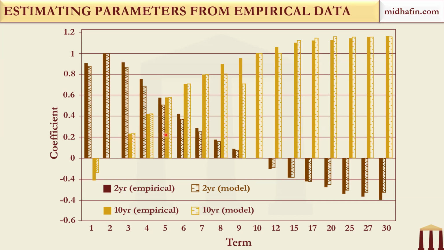But if you see the 15-year yield over here, of course, the roles will be reversed. You have a negative coefficient on the 2-year yield, just less than negative 0.4. And of course, a very strong positive 1.1 or 1.15 type of coefficient on the 10-year yield.